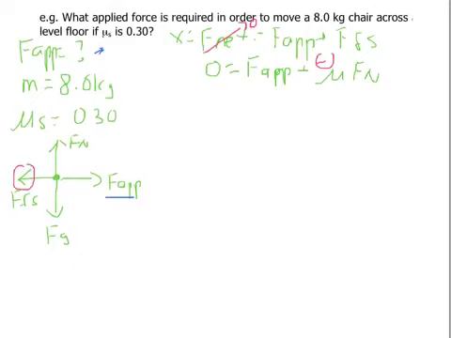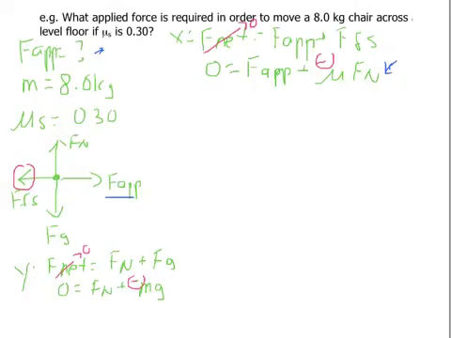However, we don't know what Fn is, but we can look in the y direction to figure out what Fn is. So let's look at the y direction now. F net equals Fn plus Fg. The object is not accelerating vertically, so that's 0. 0 equals Fn plus mg, but it's actually negative mg because gravity is acting downwards.